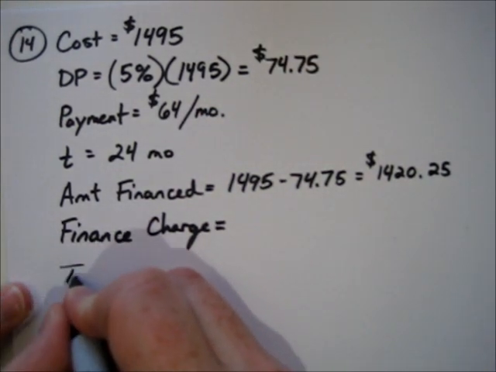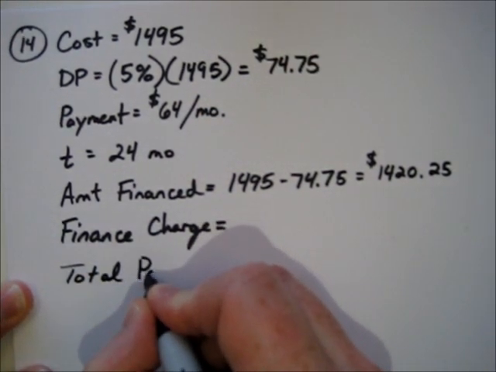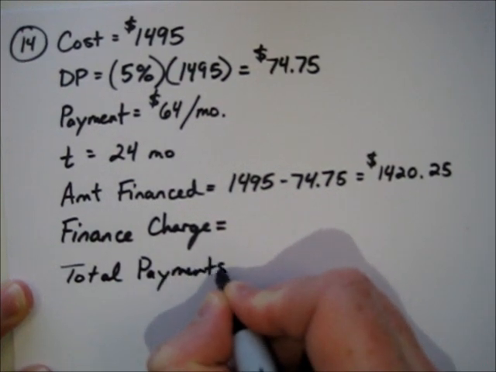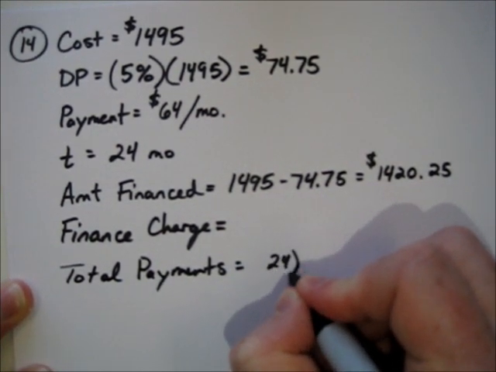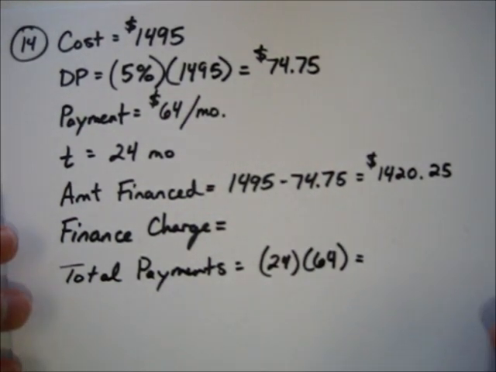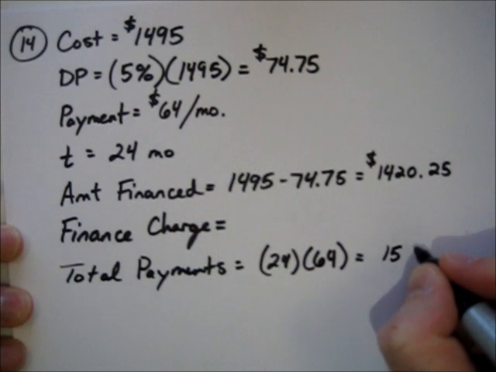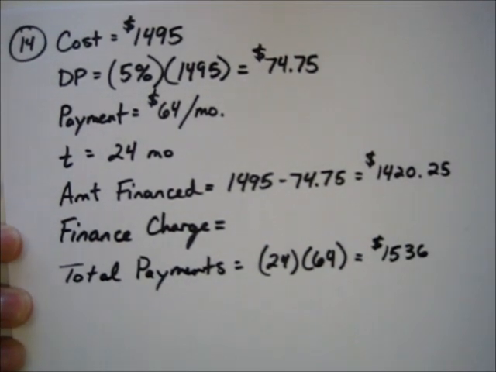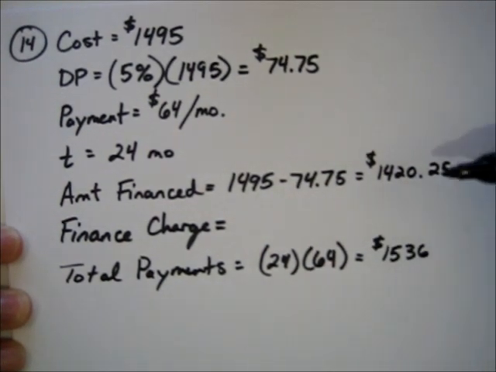So we could see the total payments would add up to 24 times 64, which is $1,536. But she only financed $1,420.25.